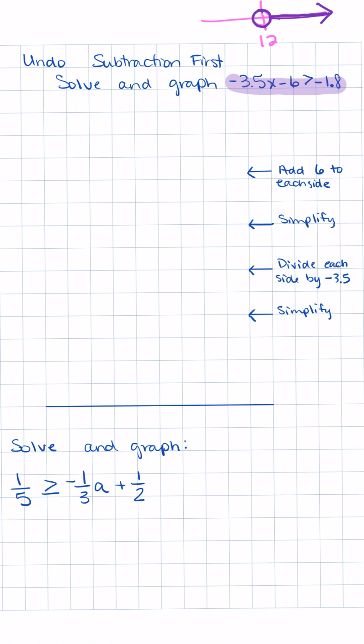So first thing we're going to do, add 6 to both sides. The opposite of -6 is +6. So these are going to cross out. That'll equal 0.